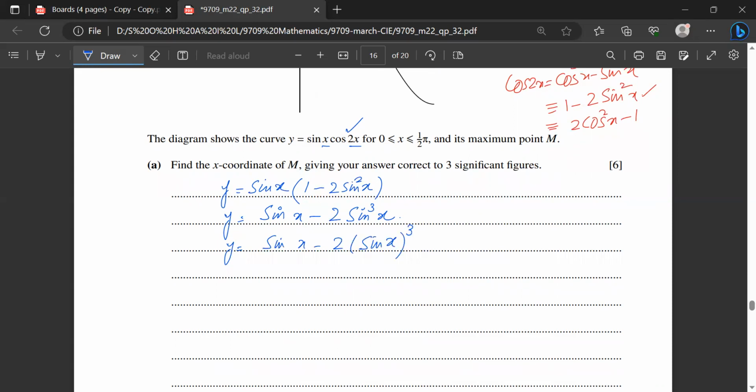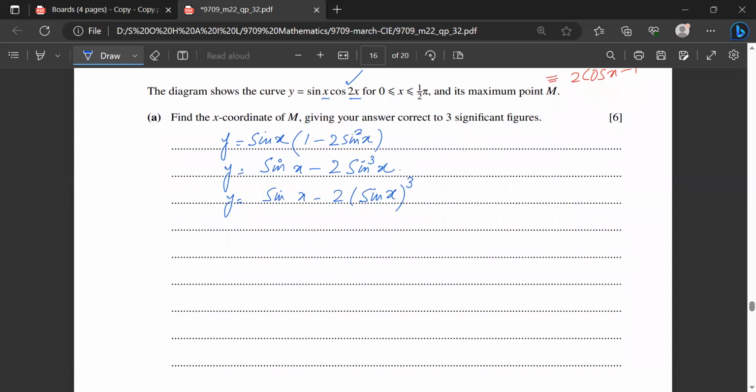Now, differentiate with respect to x. dy by dx is equal to, the derivative of sin x is cos x, and here 2, apply the power rule, write 3 sin x raised to the power 3 minus 1, into the derivative of sin x, which is cos x.